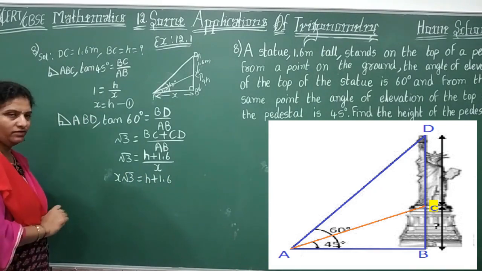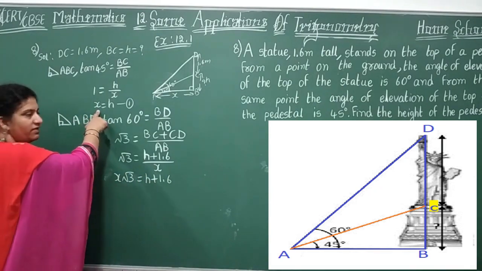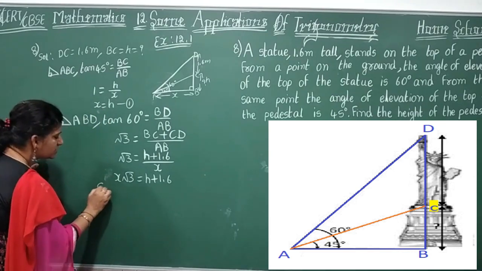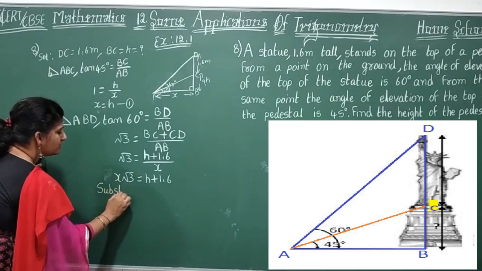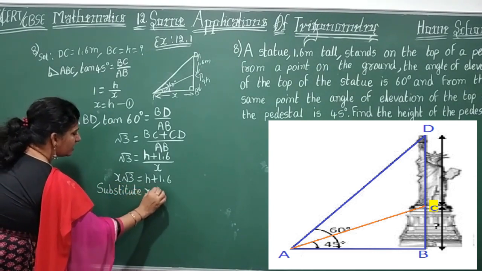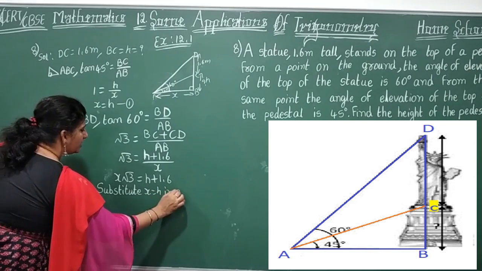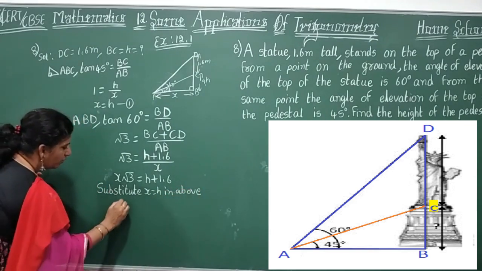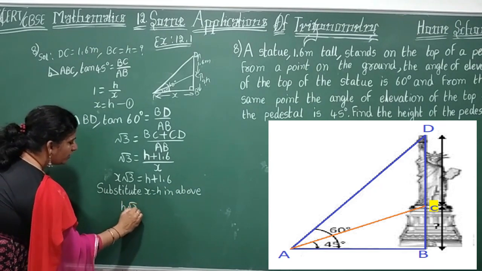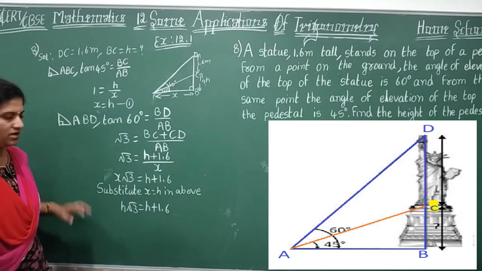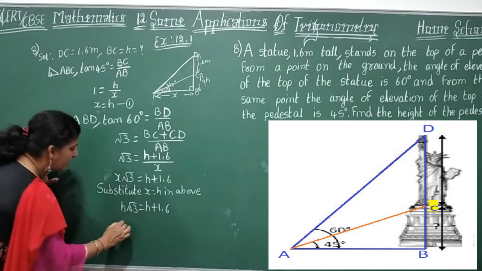Now instead of X we can substitute H. So substitute X is equal to H in the above equation. Now H root 3 is equal to H plus 1.6. Bring this H this side.